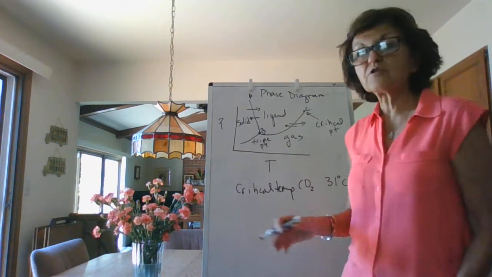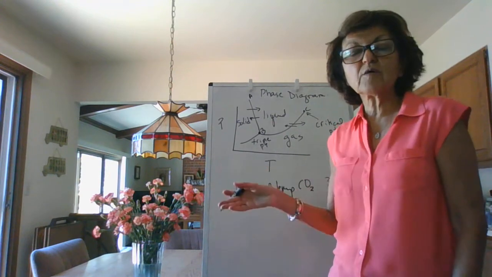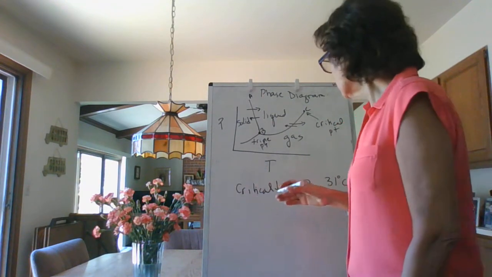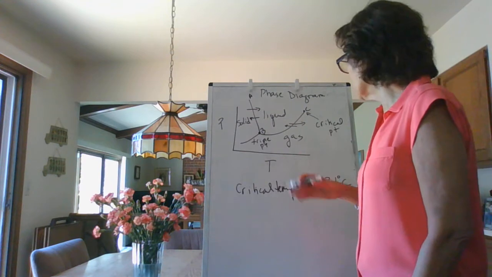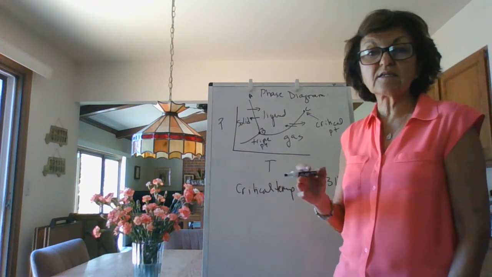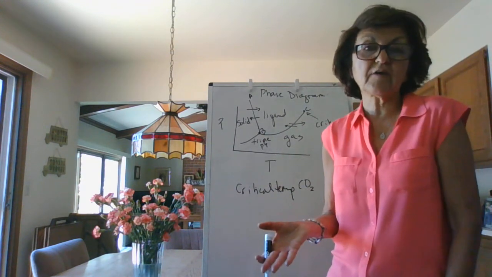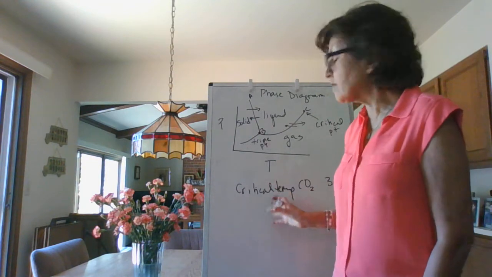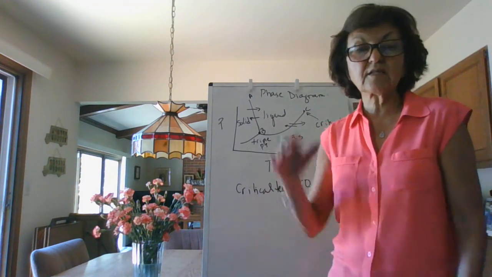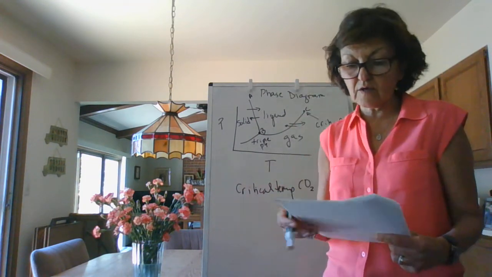So anything above 31 degrees Celsius can't exist as a liquid. Well, room temperature is 25. So that's why carbon dioxide can exist as a liquid in canisters, okay?